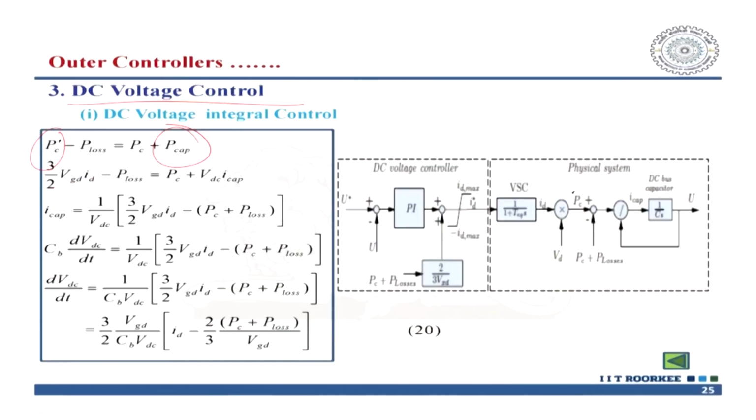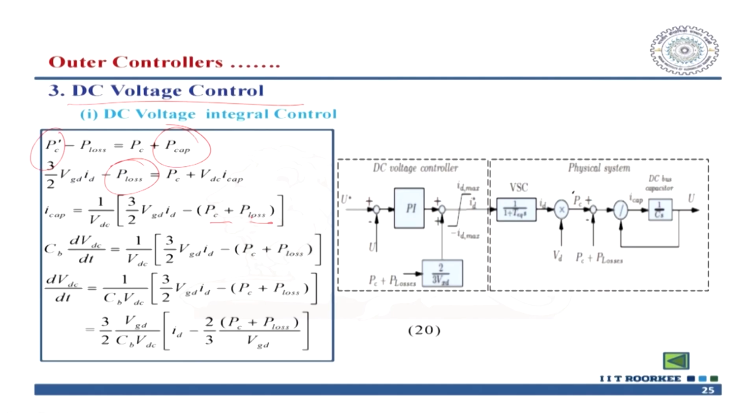So, real power is required to be fed into the capacitor to maintain its voltage. Thus, 3 by 2 VGD into ID minus the losses of the switches and the capacitor parasitics and everything, plus PC equals VDC into I cap. So, I capacitor will be 1 by VDC times 3 by 2 VGD into ID minus PC plus PC loss.